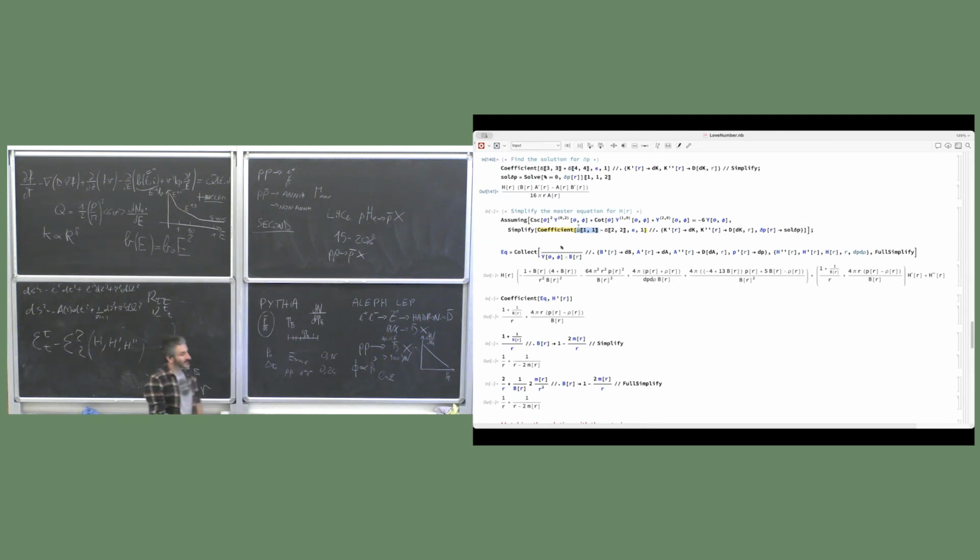So I basically take this combination of the field equations, and I replace all the values that I found for kappa prime, for the second derivative of kappa, and for delta p, such that now everything doesn't depend on any metric perturbation but H.